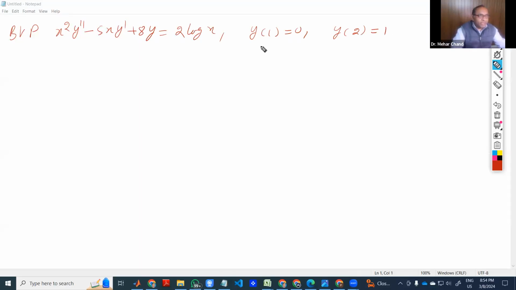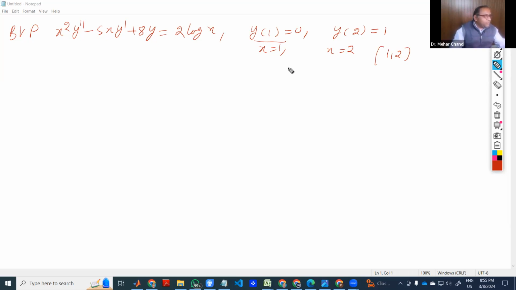So when x is equal to 1, y is 0, and when x is equal to 2, y is equal to 1. So the interval we have is 1 to 2. This is the x span.